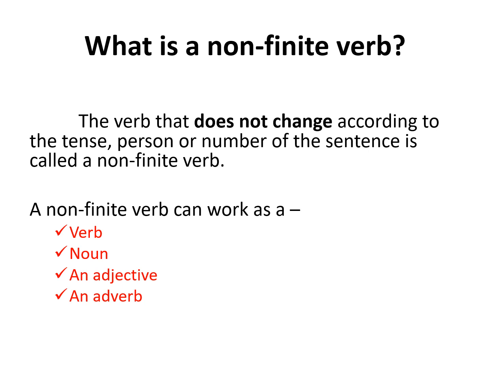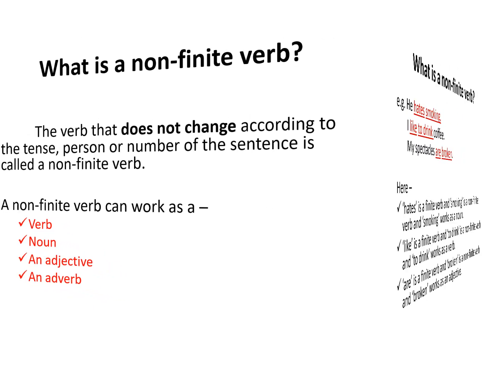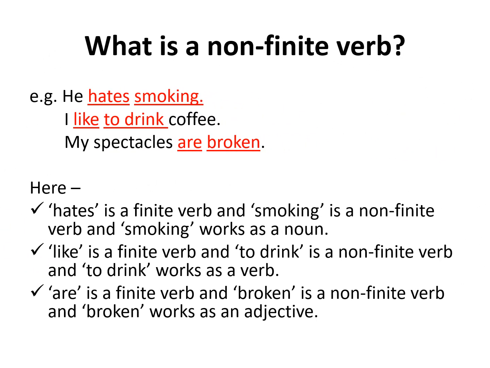This matter will be clear to you if we check some examples. So let's check the examples. In the first sentence, he hates smoking. Hates is a finite verb because the subject of this sentence is third person and it is singular number.